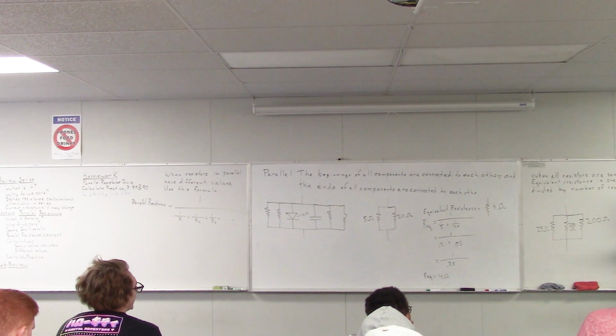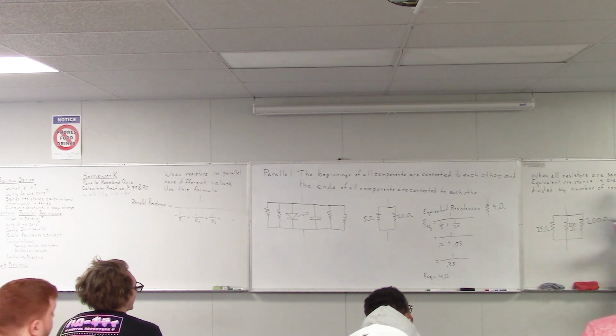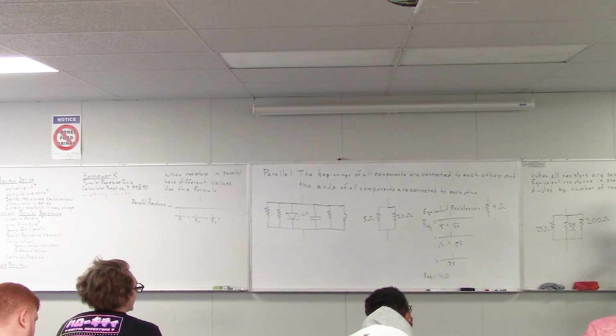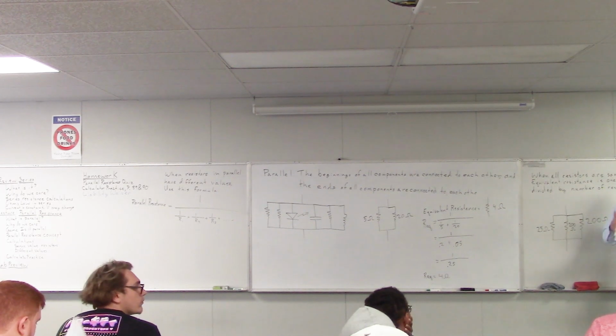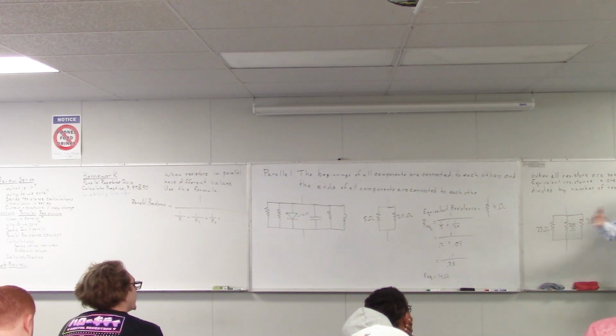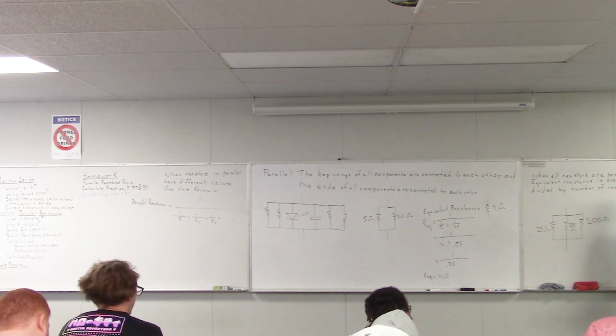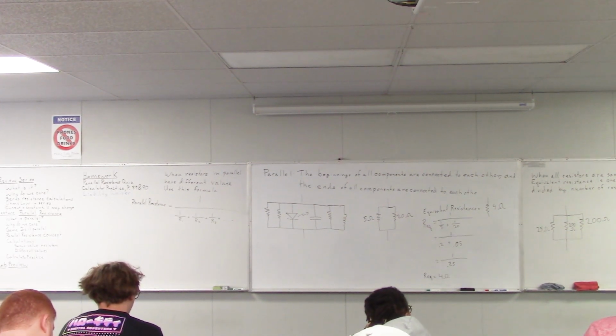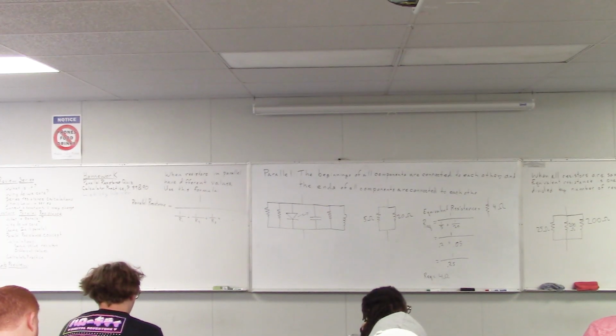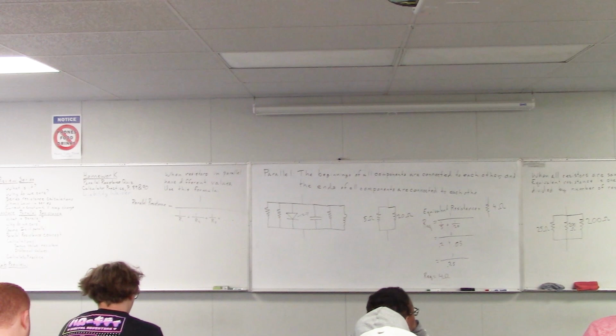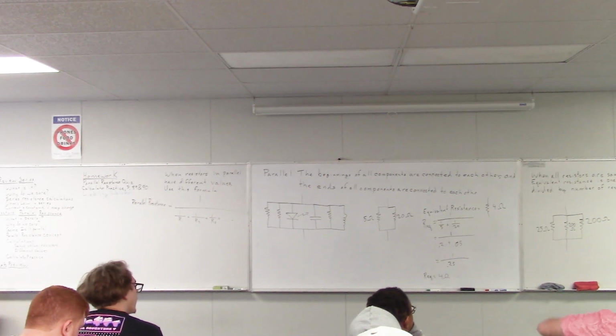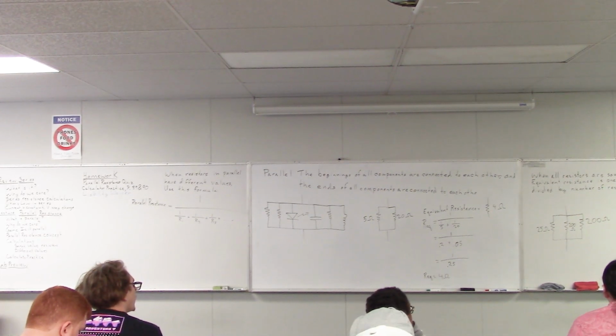So I want to save the voltage and current and Ohm's law for next class, but we will look at parallel circuits with voltage and current and figure out those things. But parallel circuits, there's just kind of a lot to take in, so I want to divide it over 2 classes. Yeah, other questions? Okay. Cool. So then let's go on and talk a little bit about calculator practice.